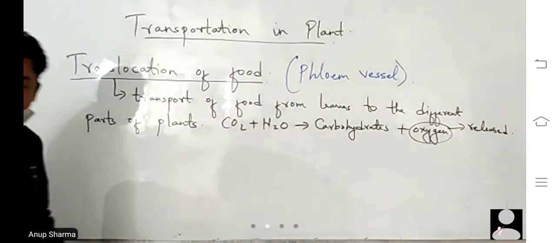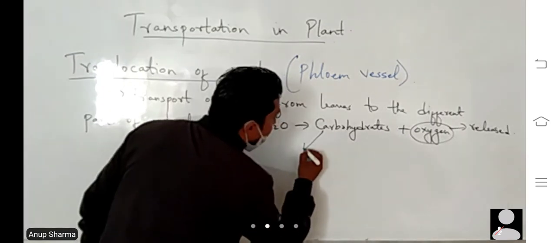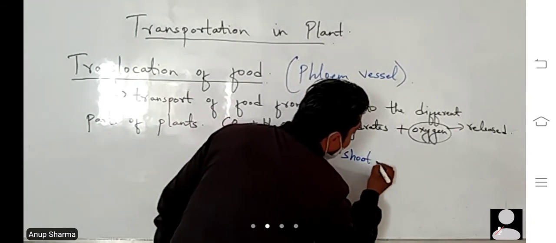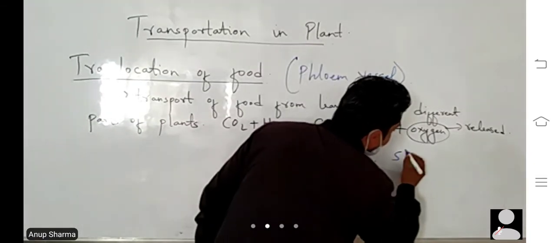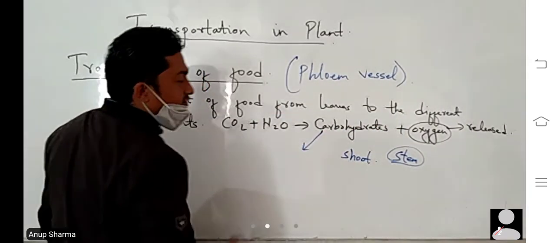And now what happens after the food is prepared? The carbohydrates synthesized in the leaves and hormones in the shoot, which means the stem part.